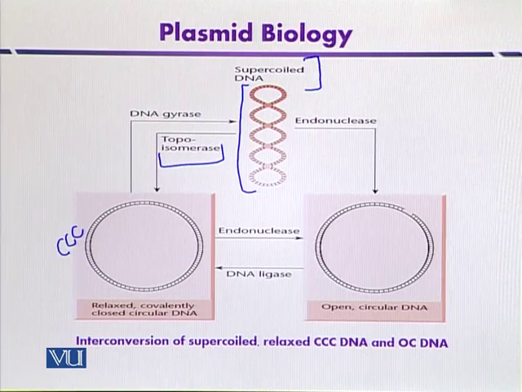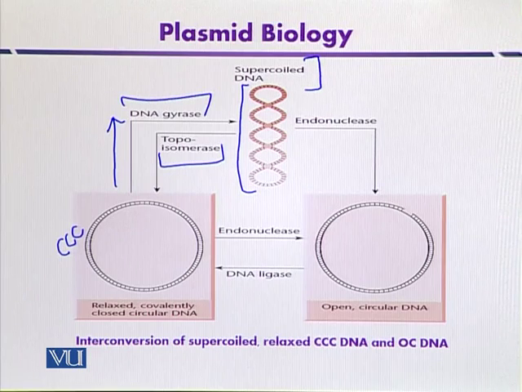If we again want to convert it into supercoiled form, then it can be treated with another enzyme, that is DNA gyrase. It will introduce negative supercoiling. And if we treat supercoiled DNA with endonucleases, then OCDNA or open circle DNA is produced, because one strand is not intact.